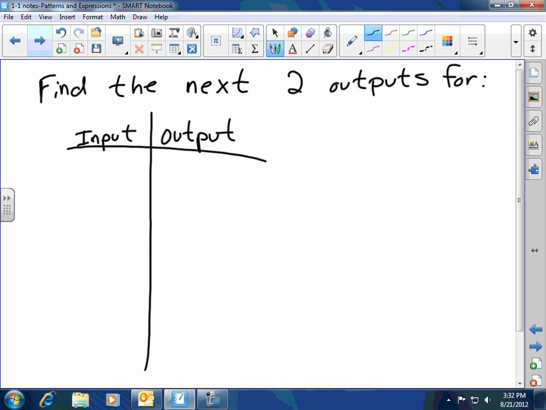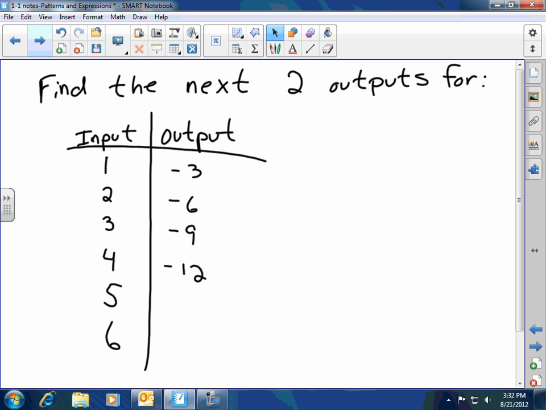In my input, let's say I go 1, 2, 3, 4, 5, 6. I've got -3, -6, -9, -12, blank, and blank. Let's see what is happening here.